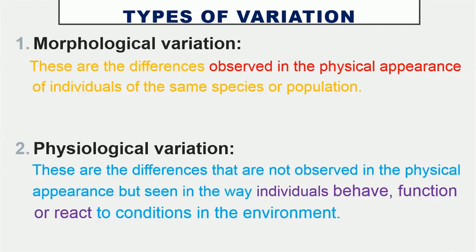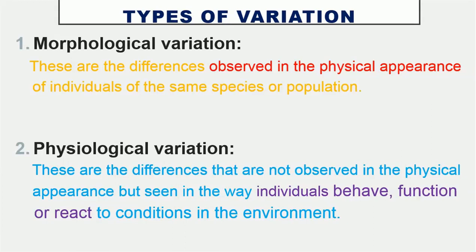For example, you have 3 organisms standing before you. Now, you notice some differences. Either one is taller or is the tallest among them, one is fairer or is the fairest among them, or one is bigger, the biggest among them all. All these observable features or characters are called morphological variation.